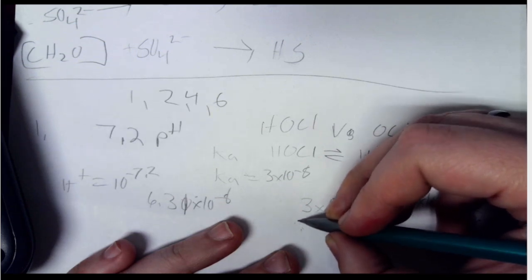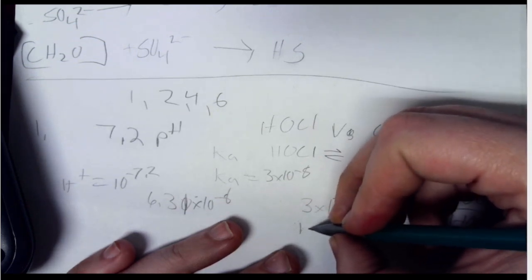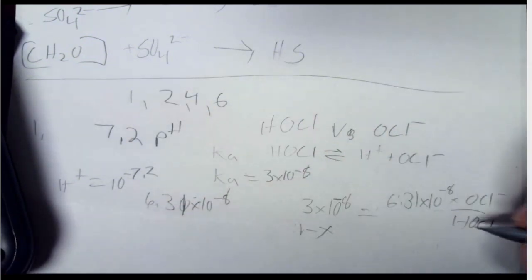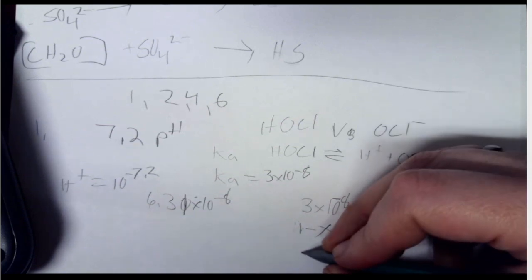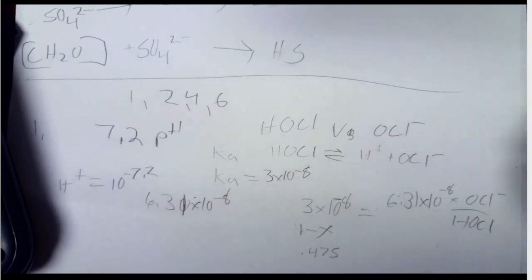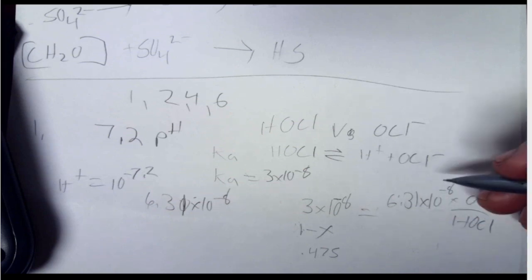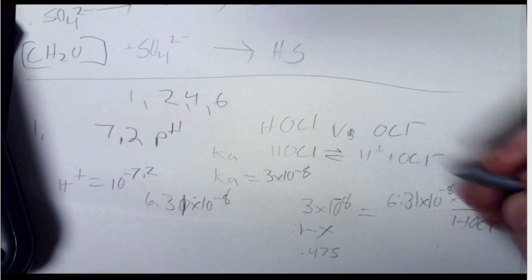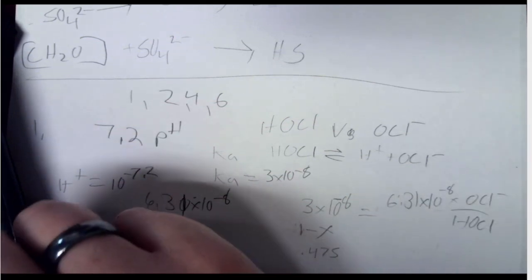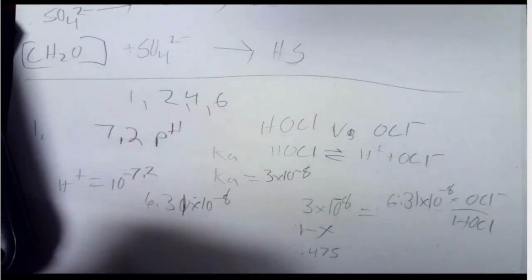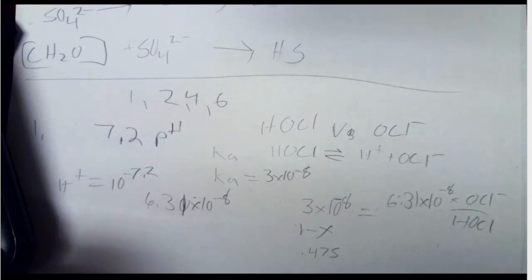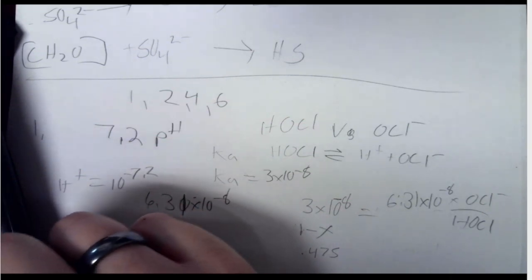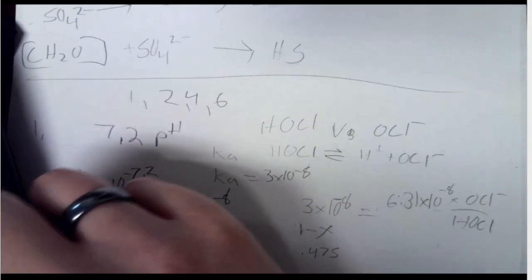HOCl, if that's 1, and that's 1 minus x, 0.475.